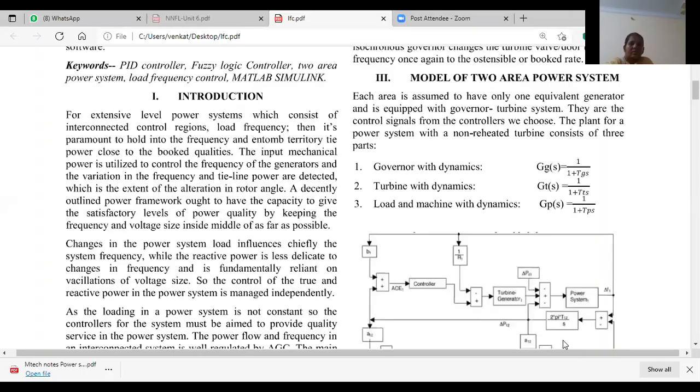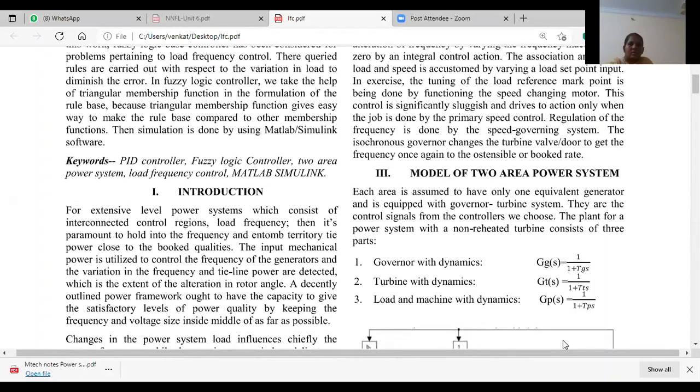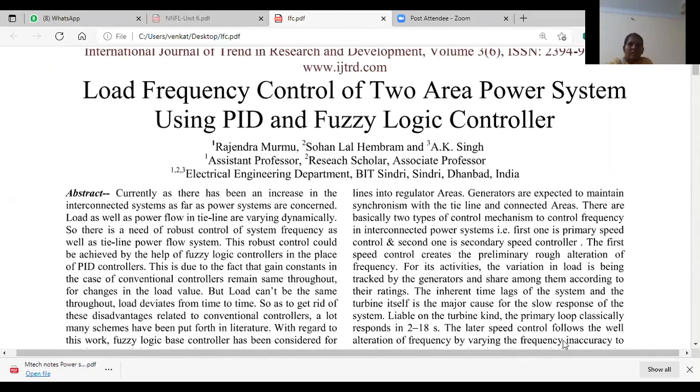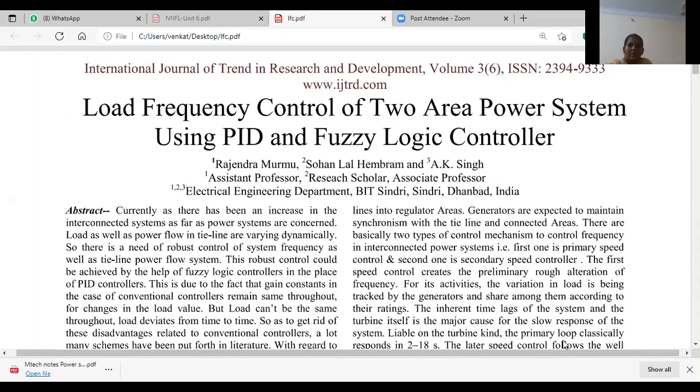Sorry, let me share it. So this is the load frequency control of two area power system using PID and fuzzy logic control. So this is the actual paper.